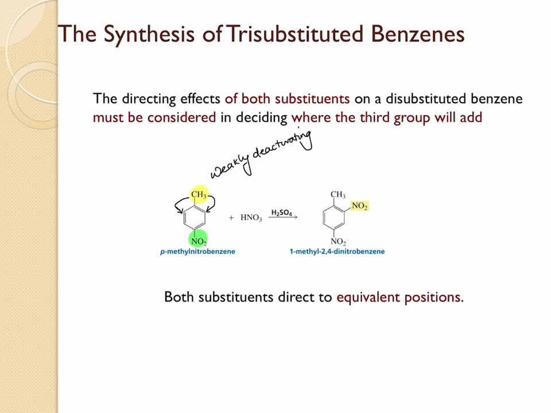A nitro group is strongly deactivating, or in other words, it's a meta director. The meta position with respect to this nitro group is also this carbon. So both of these groups are going to direct the incoming electrophile onto this position. So you get the nitro group on one of those carbons. Right? So this would be the product. Both substituents direct to equivalent positions.